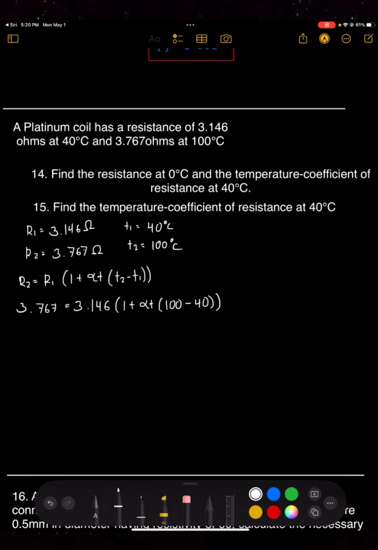So this equation solves number 15, which is 3.29 times 10 minus 3 per Celsius.